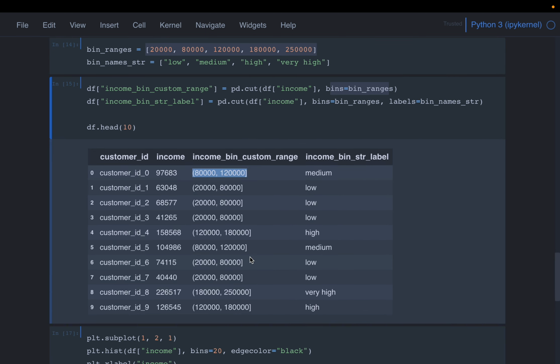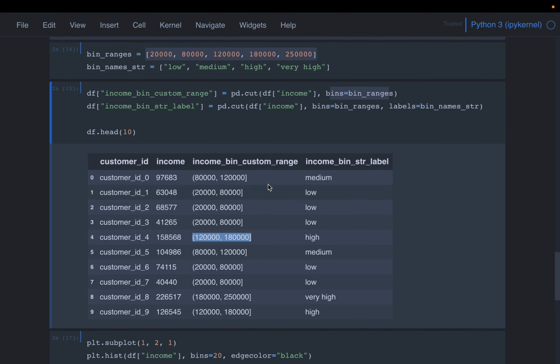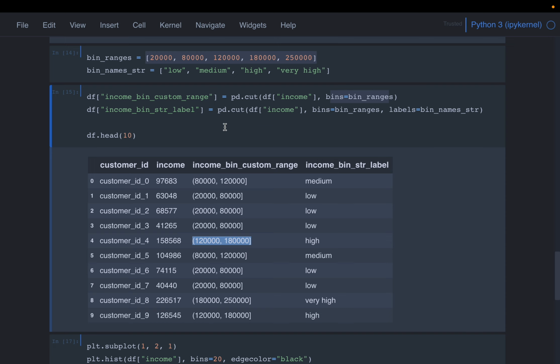This is just for explanation purposes, so that we can see this value falls into these two values, and similarly, this value falls into these values, and so on. But we actually convert them into categories. So here we are providing the bin names as well. We can see the customer's income has been transformed into these labels like low, medium, high, and very high.